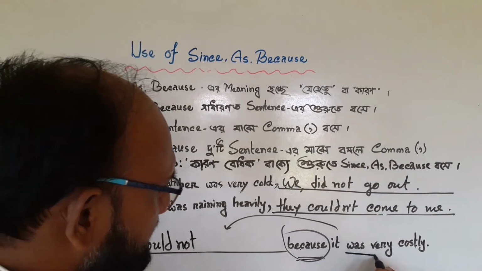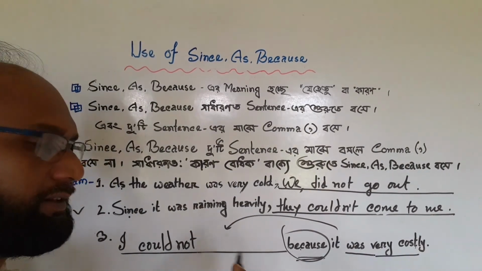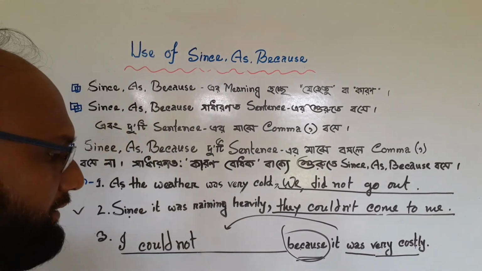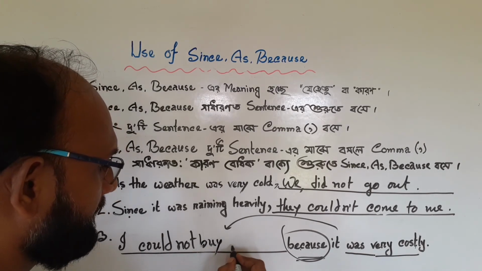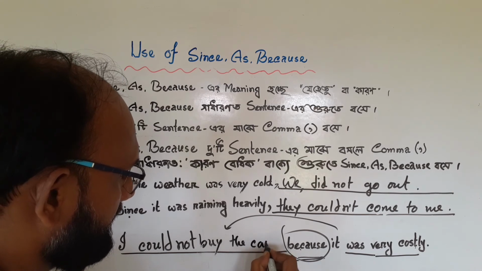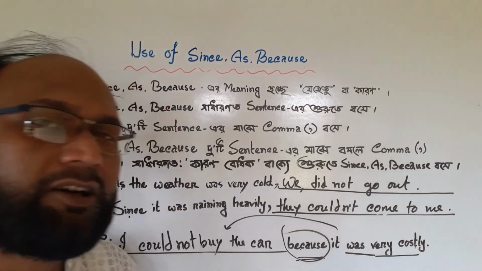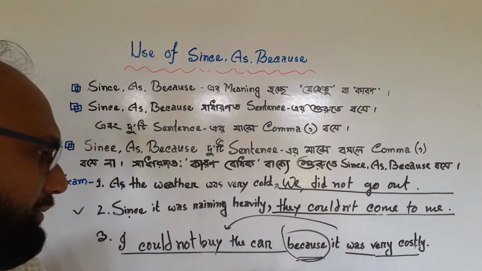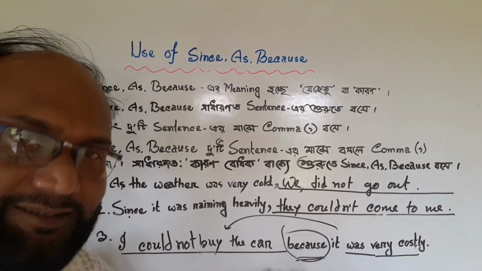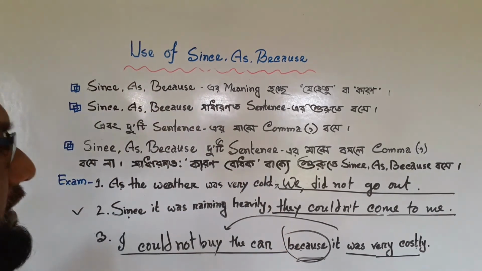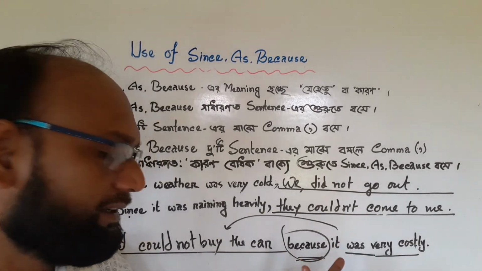This sentence is in the past tense, so we'll write a suitable sentence in past tense. We could not buy the car. I could not buy the car because it was very costly. Now this is a meaningful sentence. It has been completed. In such a way you can easily complete incomplete sentences.